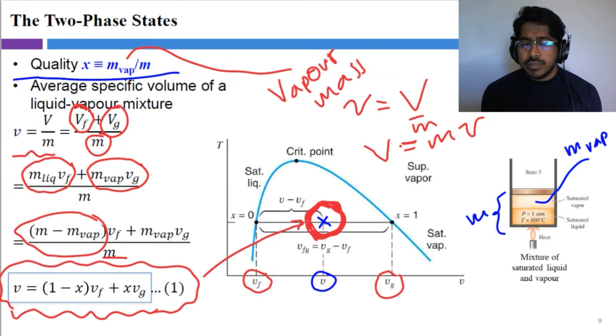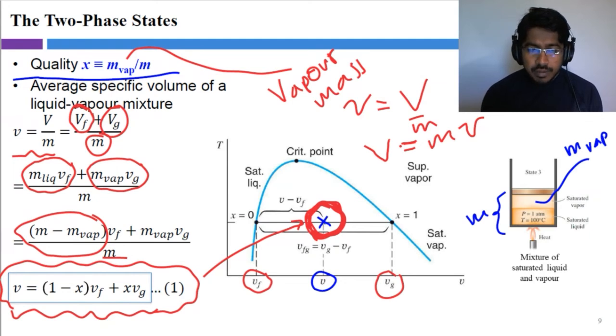And can x go below 0? It cannot, right? Because if there is no vapor in a certain mixture, the vapor mass is 0, and then 0 divided by m is going to be 0. So we cannot get negative values for x. So we established that x has to be between 0 and 1, right?